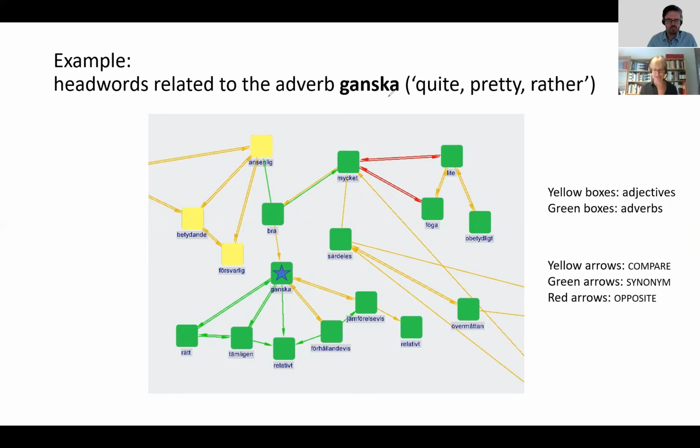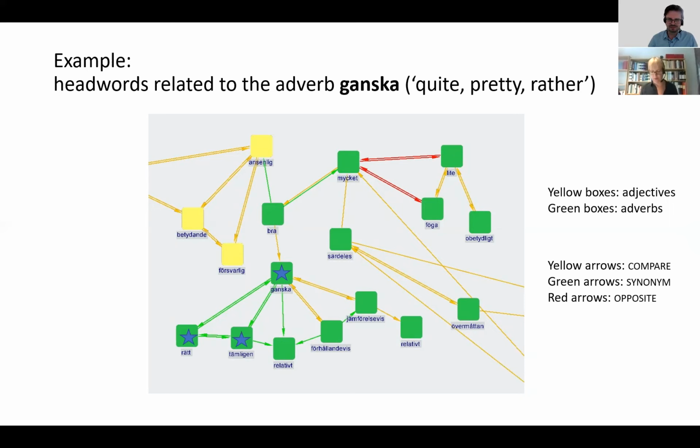All the green boxes are adverbs and all the yellow boxes are adjectives. And as said, the type of cross-reference is indicated by the color of the arrow. The yellow arrow represents compare, and the green arrow represents synonym. Finally, the red arrow represents opposite. And as shown, there are reciprocal cross-references between ganska and two other headwords in SO.